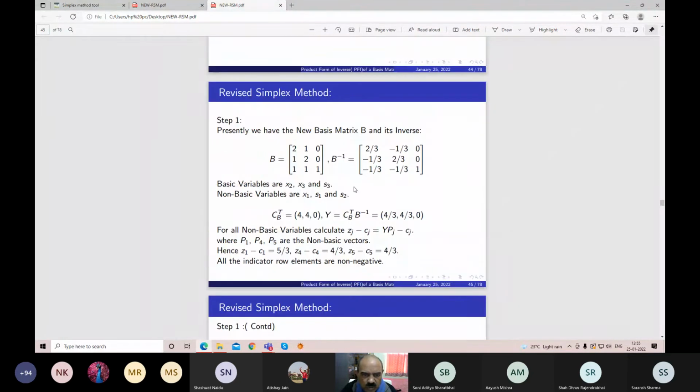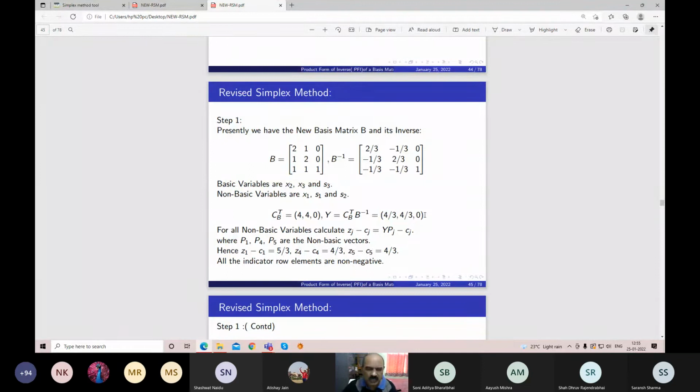With respect to this, we are interested to know what our y, the row vector, is. Y equals CB transpose into B inverse. This B inverse is already known, available. The 4, 4, 0 we are multiplying from the left. So if you multiply, the elements will be 4 by 3, 4 by 3, 0.